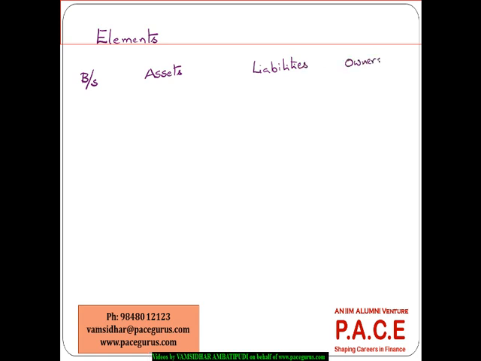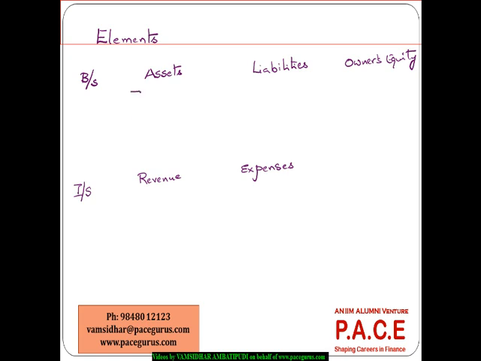Three major elements of the balance sheet or the statement of financial position. And then I see two major elements associated with the income statement. One is the revenue, two is the expenses. So these five are typically called the elements of the financial statements.